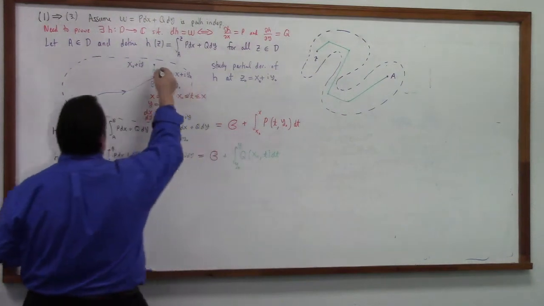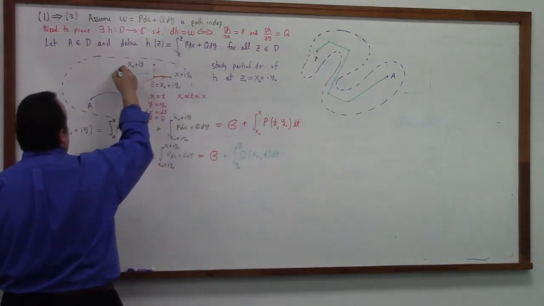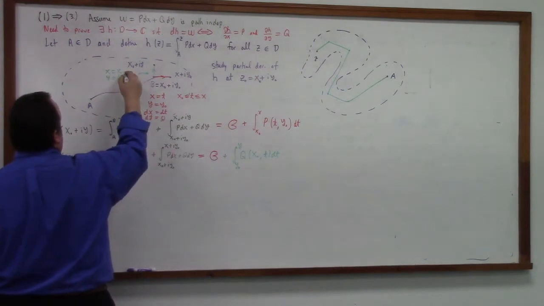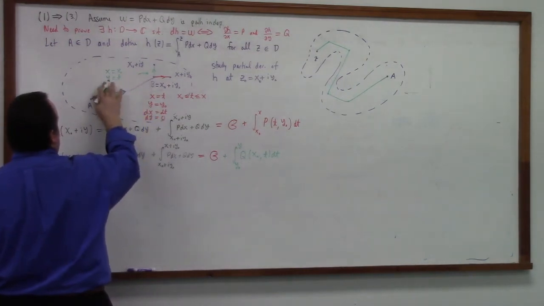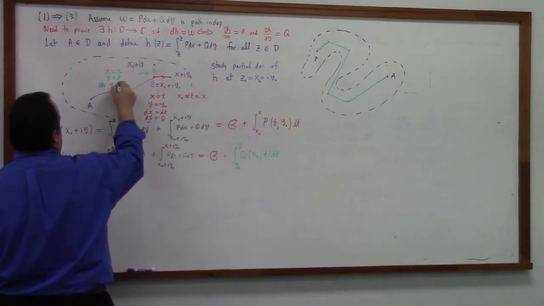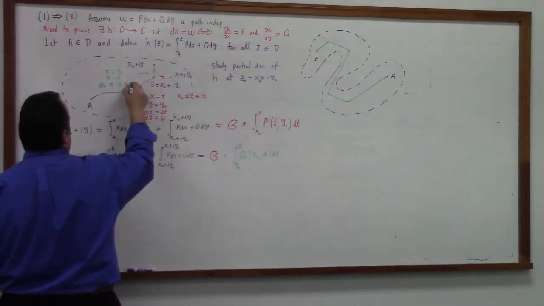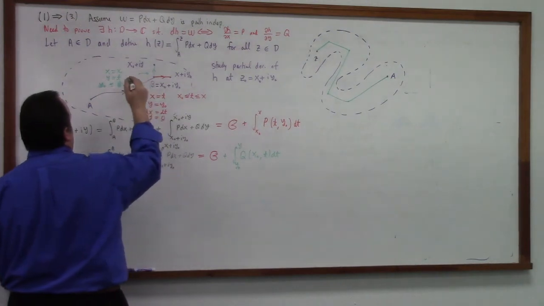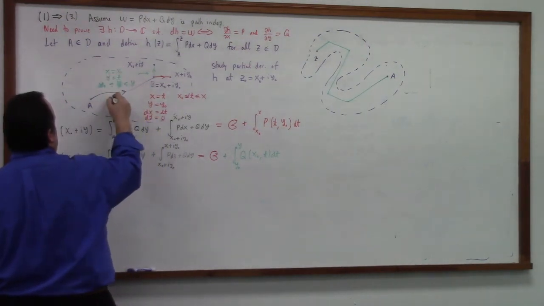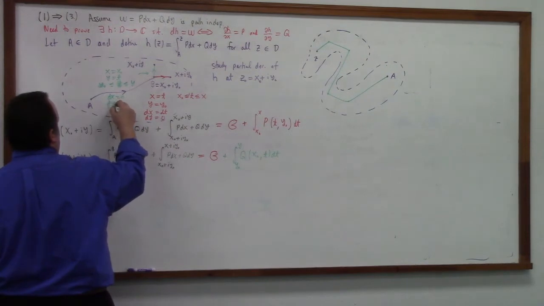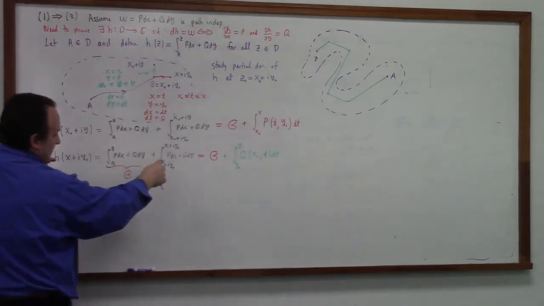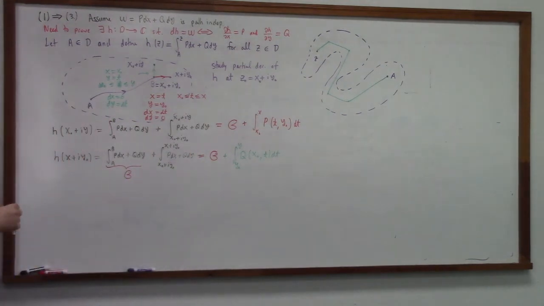Because the parameterization of the green curve here is x equals x naught, y equals t for y naught less than or equal to t less than or equal to y. And here, of course, dx is 0 and dy is dt. So the vertical integral just picks up the q dy term in a non-trivial sense, all right?